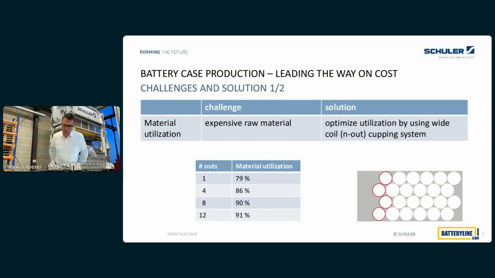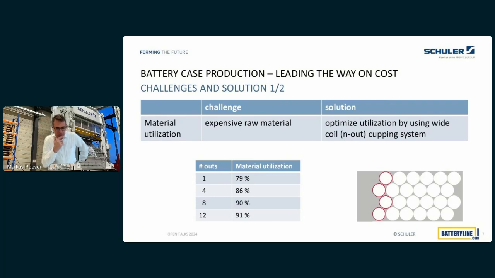In the case of deep draw applications, we have the issue that we use only a certain part of the coil material. We buy the coil, but in case we use a narrow coil with a 1-hour operation, we only use 79% of the incoming raw material. The rest goes directly into scrap. So this is not a good solution.